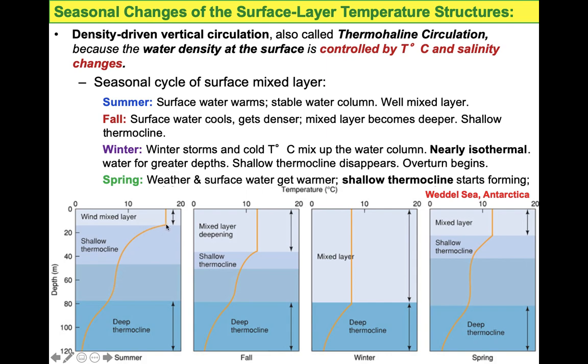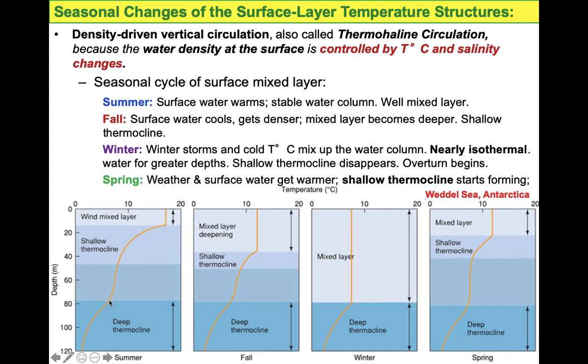So in the summertime, very prominent shallow thermocline, and then by the time you get to about 40, 50 meters below the sea level, the temperatures sort of start getting a little bit stable, but still cooling.